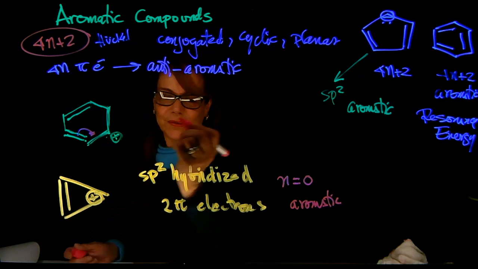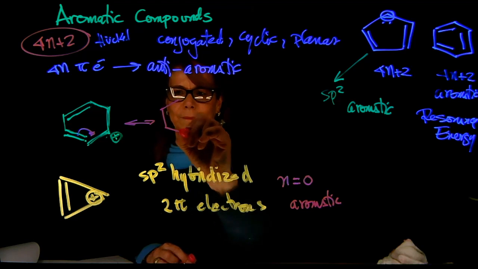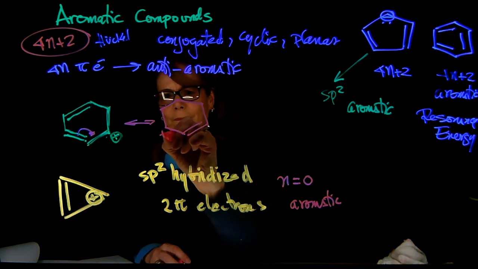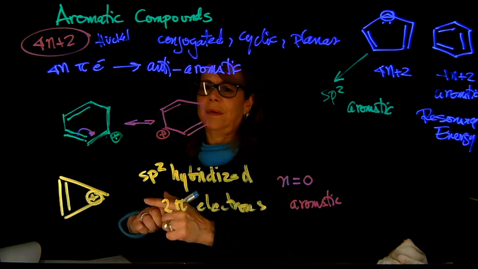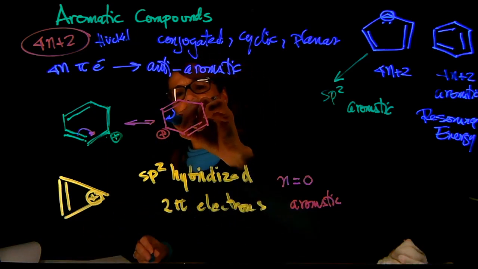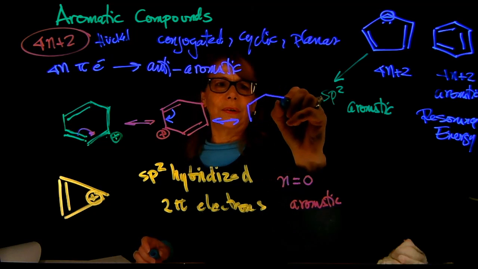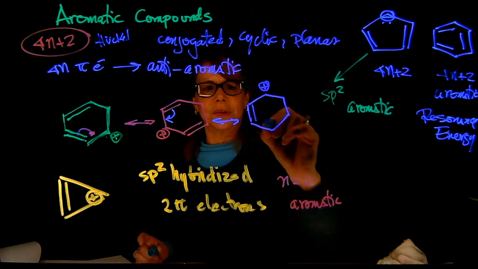So in the resonance structure, it will be this. And you could also move these electrons over here and do another resonance structure in which you're going to have the positive charge here.